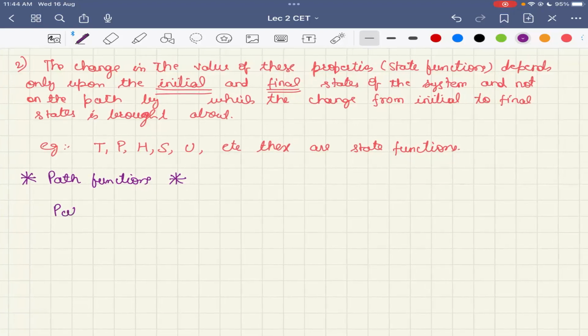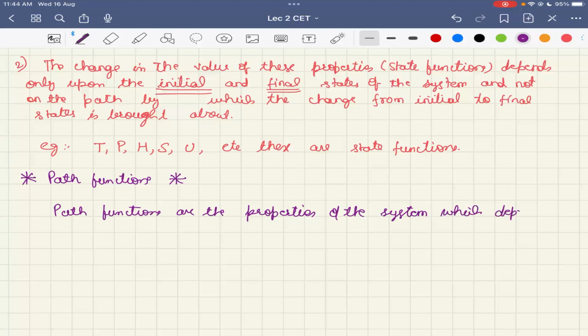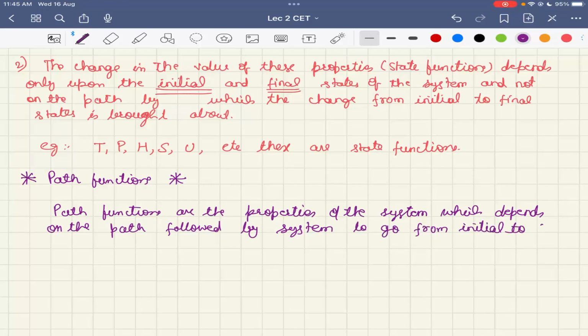So path functions are the properties of the system which depend on the path followed by the system to go from initial to final states, right? And examples of these are heat and or work, etc., right? So we are going to study about heat and work in our subsequent classes.